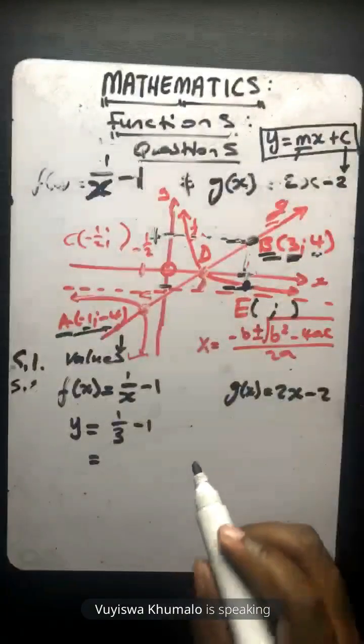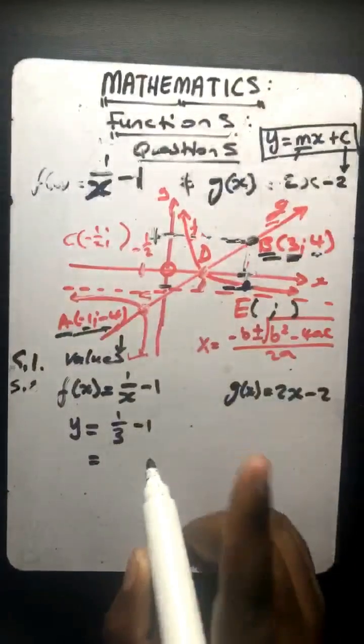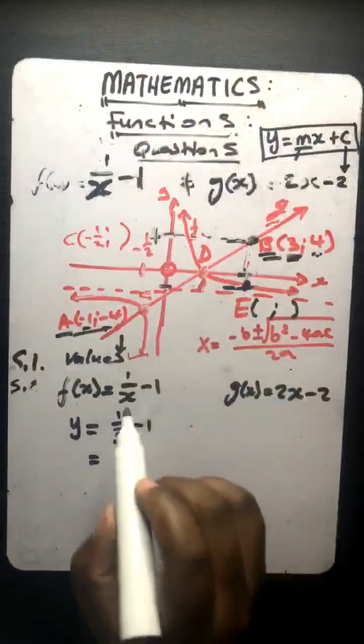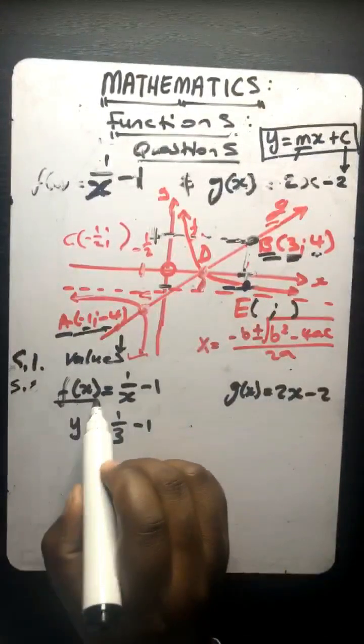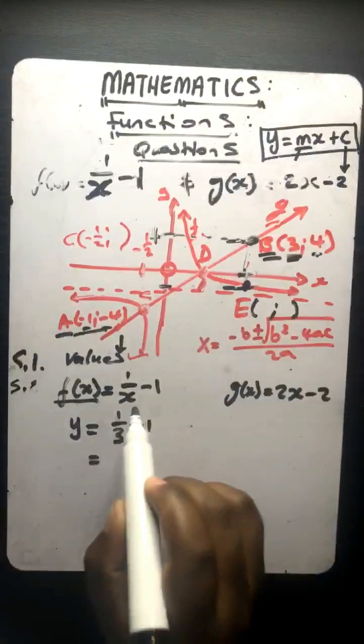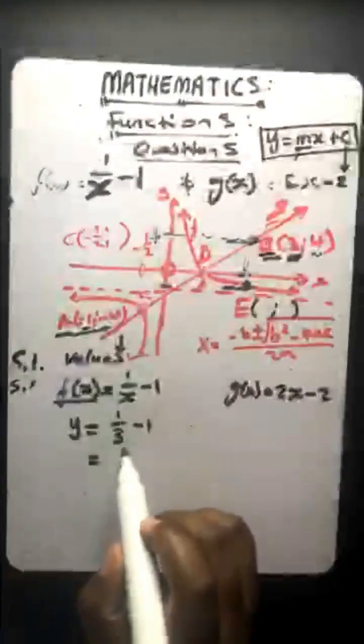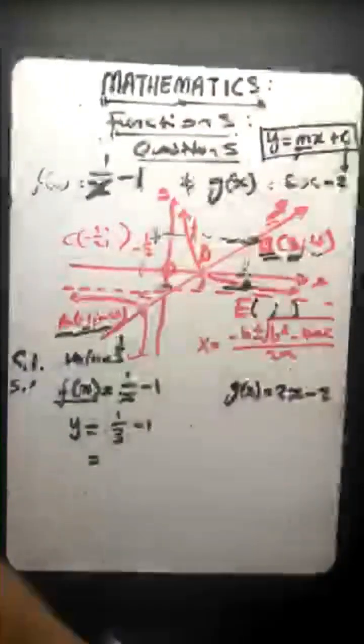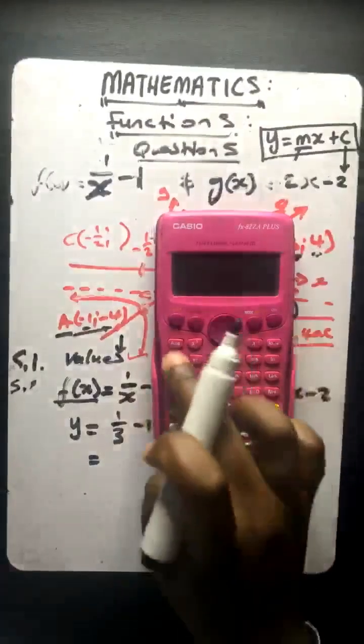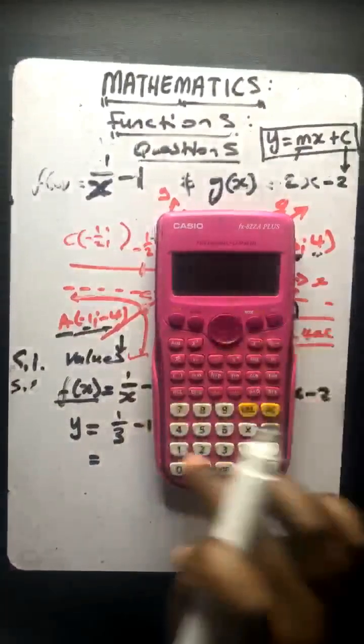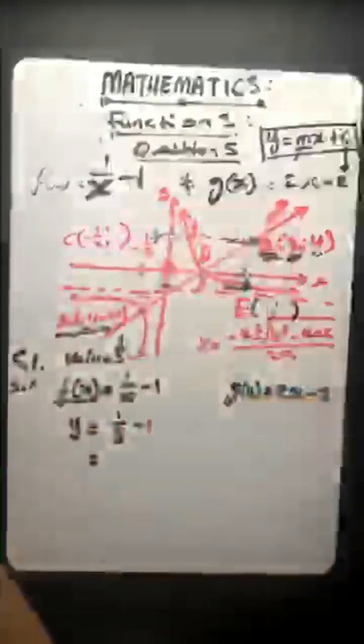So that means you must use f of x to know the y value. That is why on this equation of f of x, where I see x, I put the x value. What is the x value? It is 3. Then when you punch that, what are you getting? You get 1 over 3 minus 1. You get negative 2 over 3.